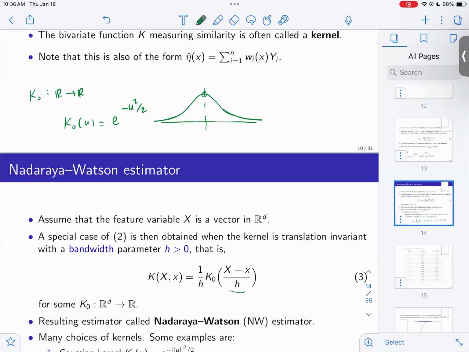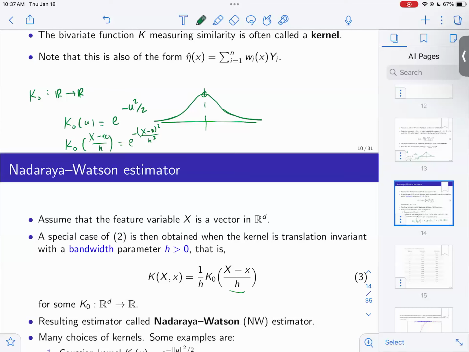So the effect of applying this to, let's say, x minus x divided by h is that I'm going to get, so let's say a difference of, for example, 2. In this case it would be here, but a difference of like 0.1 wouldn't be here if h is 1.